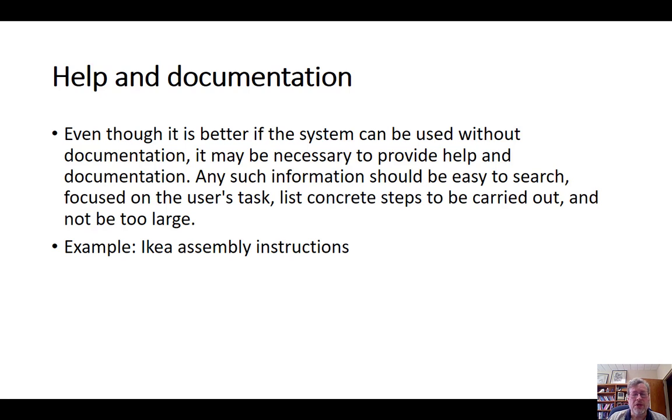Some examples, though. IKEA assembly instructions. You buy a piece of IKEA furniture that you assemble. You can probably put it together without the instructions, but the instructions are there. They're easy to follow. They're very visual. Lego blocks. It's funny, when I was a kid, Legos weren't made for specific things. They came with a whole list of things you could do. They're very general.